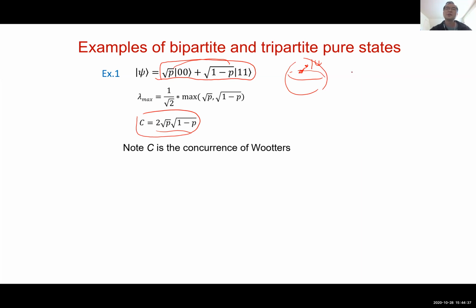It's easy to see that the product state needs to be of this form, right? This product, and I can just use another C2, 0, 1. But since this state is symmetric under permutation, I can use symmetry to simplify the calculation and just assume this is the same for the product state.